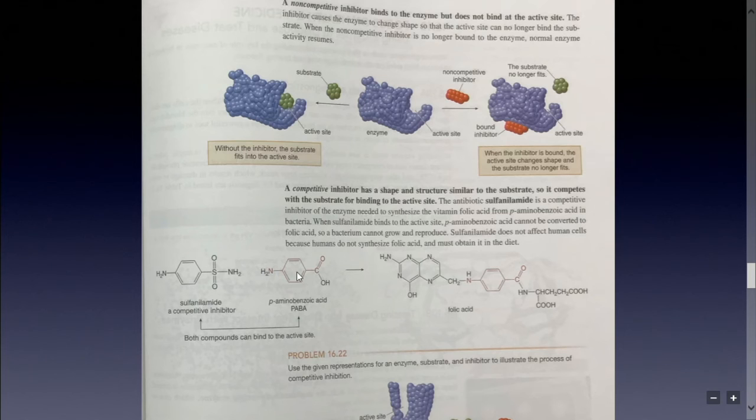Like here's the amino benzoic acid, and it would normally go right here. But, and of course other things are getting added on too, but the point is, if you don't put this there, then you won't get folic acid. If you put this there instead, sulfanilamide, you won't get folic acid.